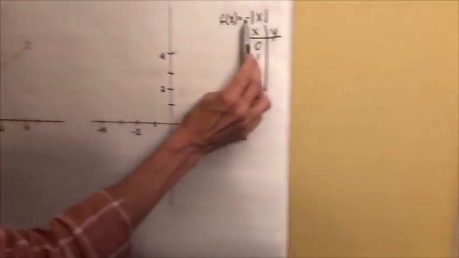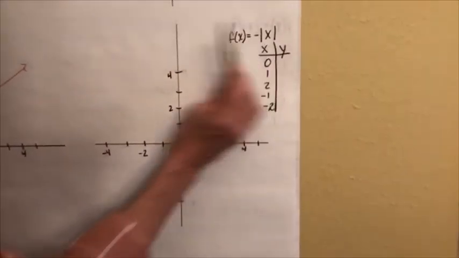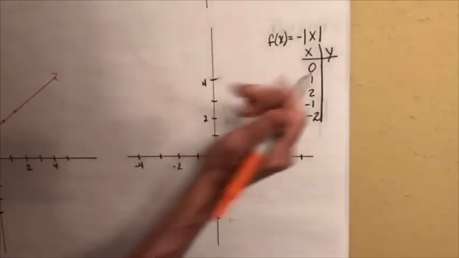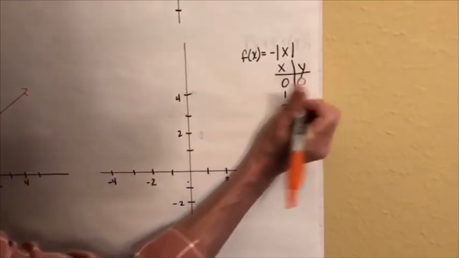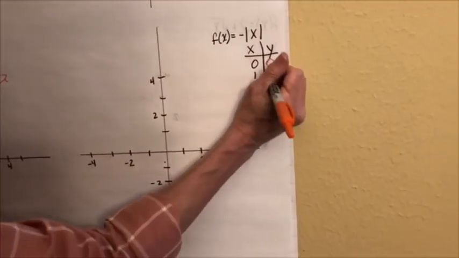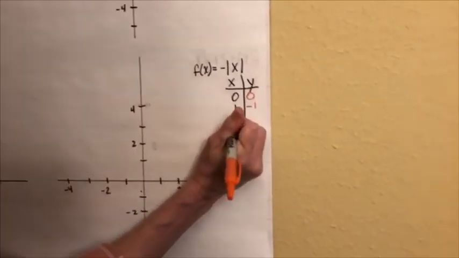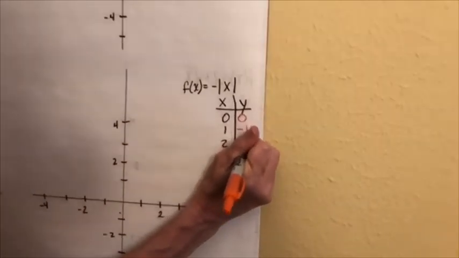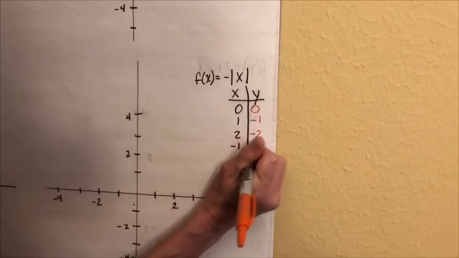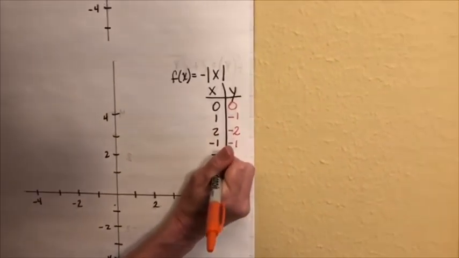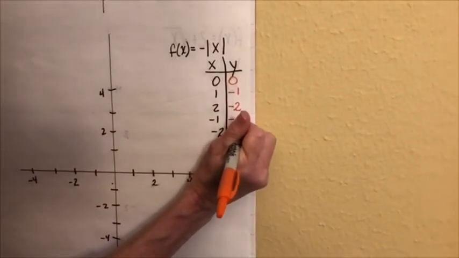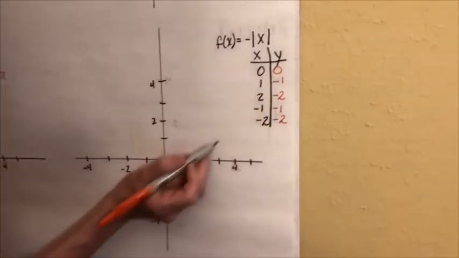Okay, so what happens when we have the opposite of the absolute value of x? Well, 0 is still 0, but 1 becomes negative 1. 2 becomes negative 2. Negative 1 becomes negative 1, and negative 2, negative 2.